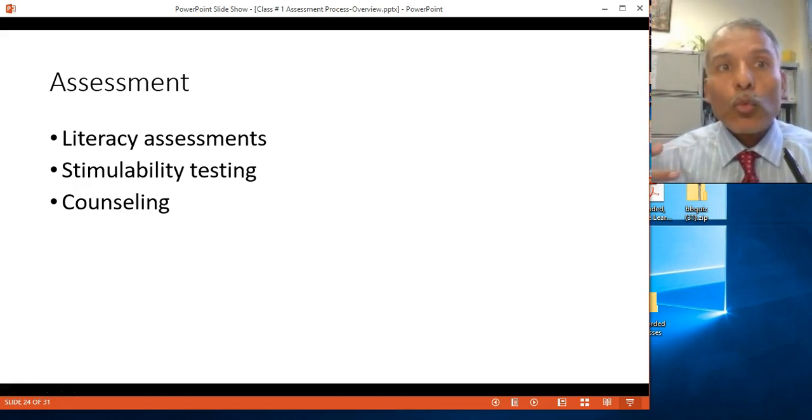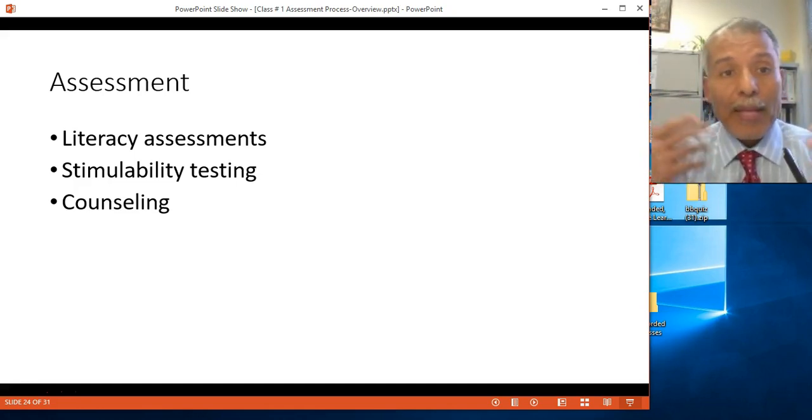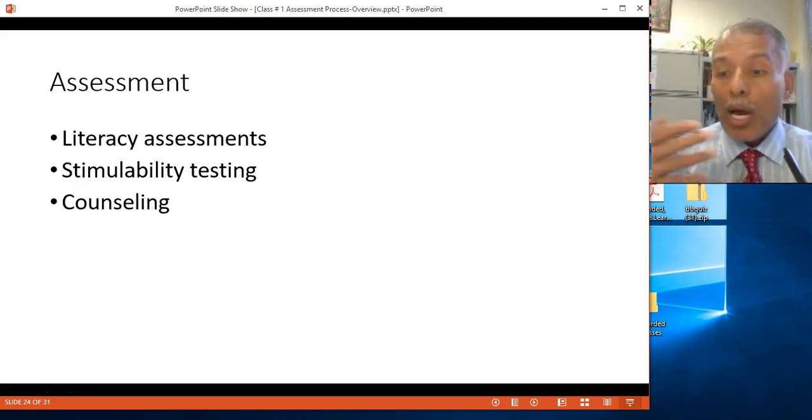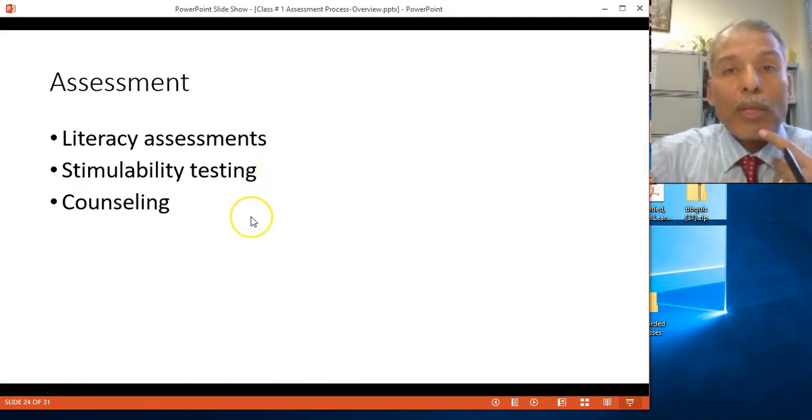If they can do it even once, they are stimulable, and you could say that the prognosis is really good, because when we did stimulability testing, it showed that they were able to say the sounds given some strategies. So we need to continue to use these strategies in treatment and design a program that will enable them to develop the right sound production.